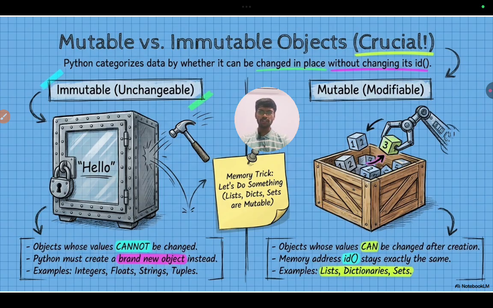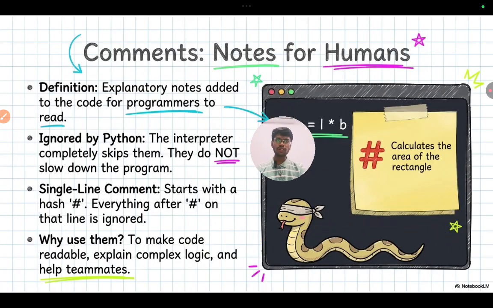The Python interpreter must create a brand new object instead, like integers, floats, strings, tuples. These are immutable. Mutables are those whose value can be changed in place after creation, modifiable. The memory address ID stays the same. Like lists, dictionaries, and one more data type, sets, which is similar to a dictionary here.